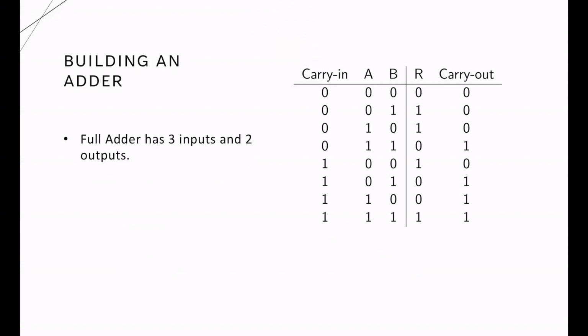So 2 to the 3 is 8, so we have 8 possibilities, from 0, 0, 0 to 1, 1, 1. The order can switch in place, it doesn't matter. You can have A, B, and C, or C and A, B, whatever. And then you have the 2 outputs, the summation and the carry out.